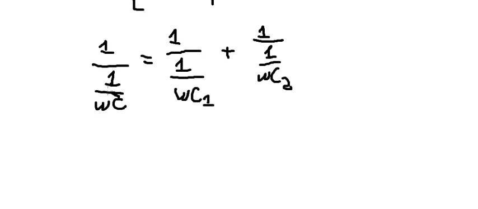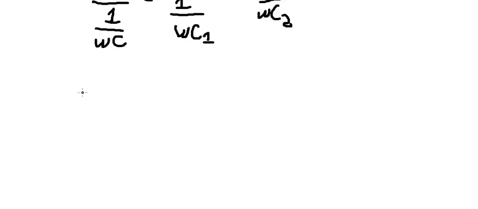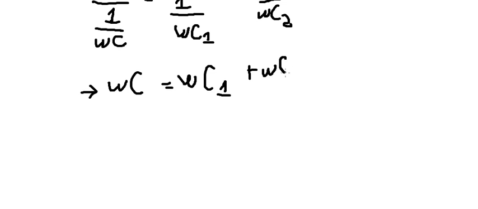Because this one, they will go to the numerator, so that should be like this. Now we need to simplify omega on both sides, and we have like this.